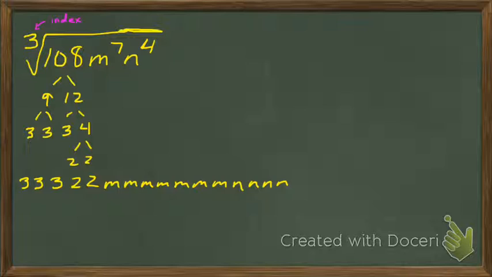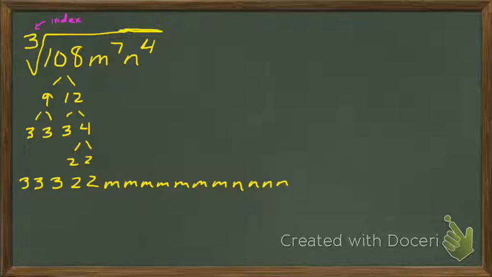Now, with an index of 3, it changes what you circle. You don't circle pairs anymore. You circle three of a kind. So for something to move outside the root, it's more specific now. It has to be three of something.